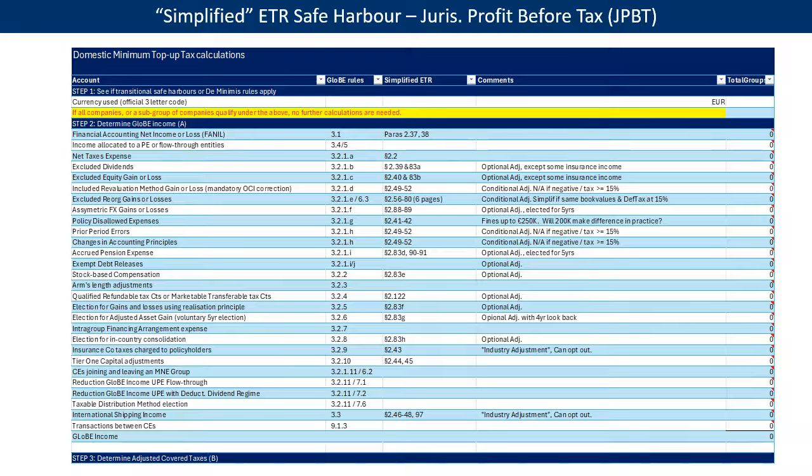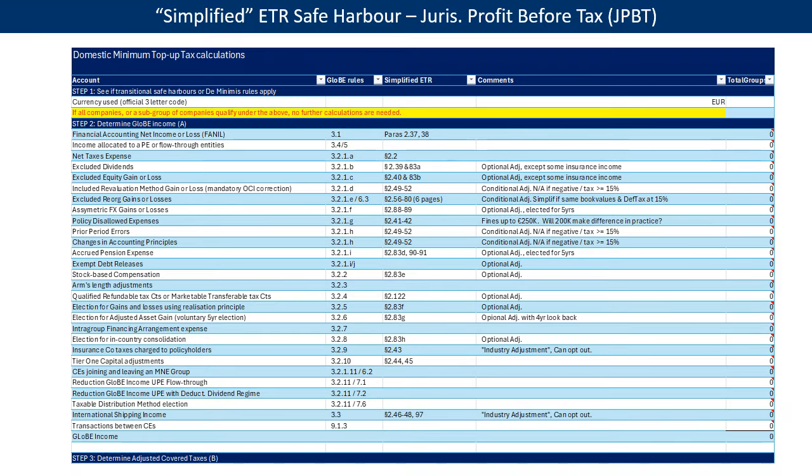And then the last column has some comments on whether these are optional adjustments or conditional adjustments. There is some extra relief. For instance, under the GloBE information return you can only ignore fines up to 50,000 euros. Under the simplified ETR that goes up to 250,000 euros. What the value of that would be in real life, I think, is going to be minimal. And when you're done with all this, you have just calculated your GloBE income.